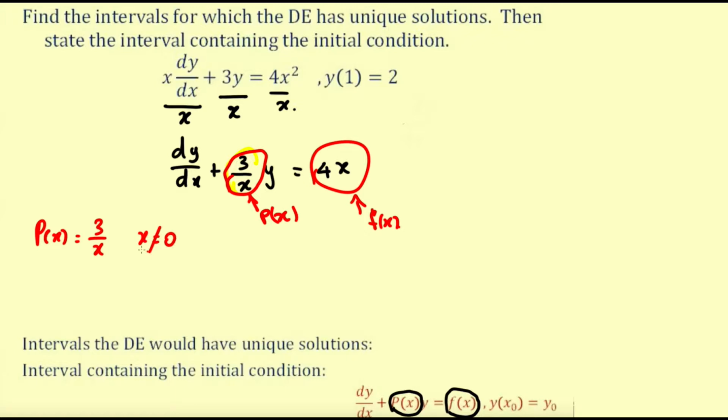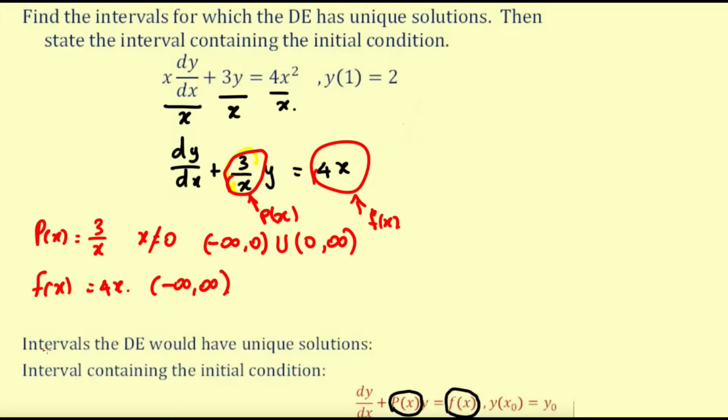Otherwise it's continuous. It means it's continuous from negative infinity to 0, open interval, because 0 is not included, and 0 to positive infinity. And f of x is 4x, so there's no division by 0 or anything else, so this is continuous from negative infinity to positive infinity.